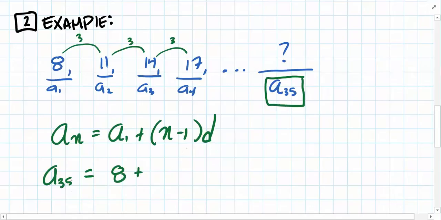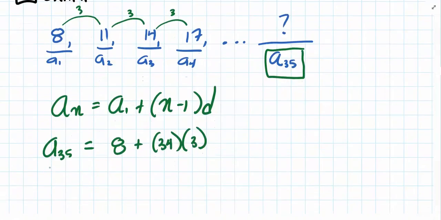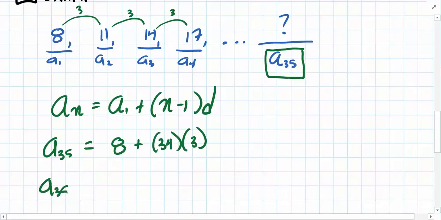If I want the 35th term, then I'm going to take n minus 1, so that's going to be 34 differences. And the difference here is 3. So the 35th term, a sub 35, has to just be 34 times 3 is 102. And then I'm going to add 8 to that. So therefore, a sub 35 is equal to 110.